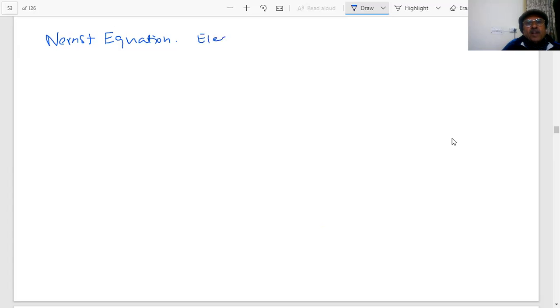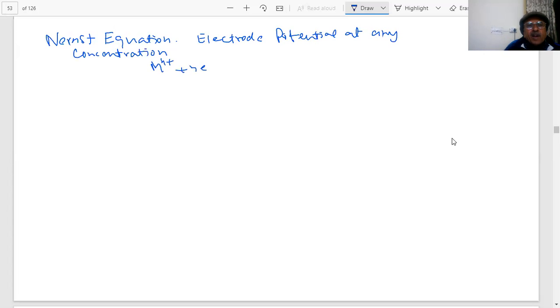We want to calculate the electrode potential at any concentration. We are still assuming temperature and pressure to be constant. So students, we have told you for Mn+ plus ne gives M. This is my solid, students. This is my aqueous.